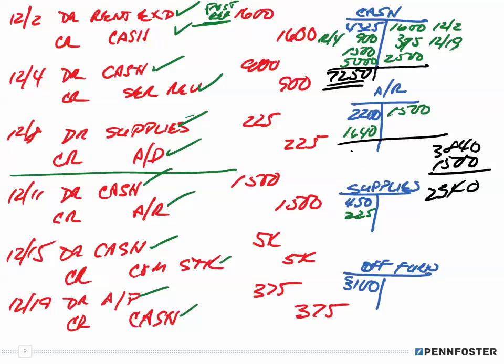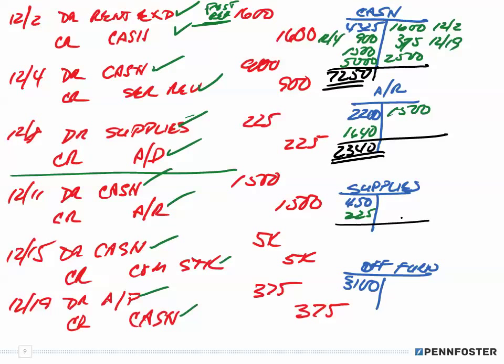So my debits are greater than my credits, so it's 2,340 on the debit side. Now notice that for an asset account, the normal balance is a debit. So most often the balances in the asset accounts are going to be on the debit side. So in this case here, I have 675 since I have no credits.